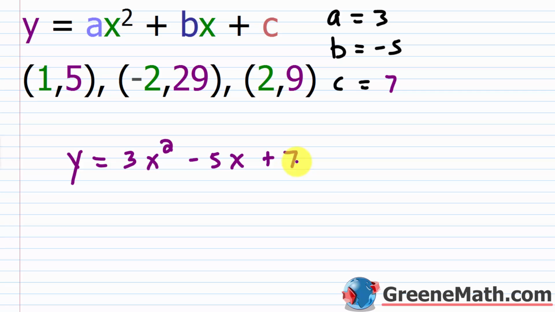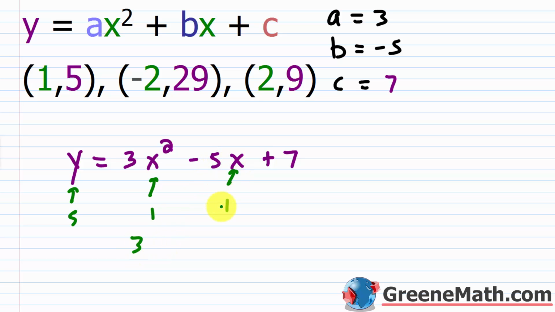If you wanted to check this, you could plug in for x and y and verify that you get a true statement in each case. I've already done this. I know that it works out. But again, just to do one of them, you could plug in a 1 for each x and a 5 for the y, and verify you get a true statement. 1 squared is 1, so 1 times 3 would be 3.